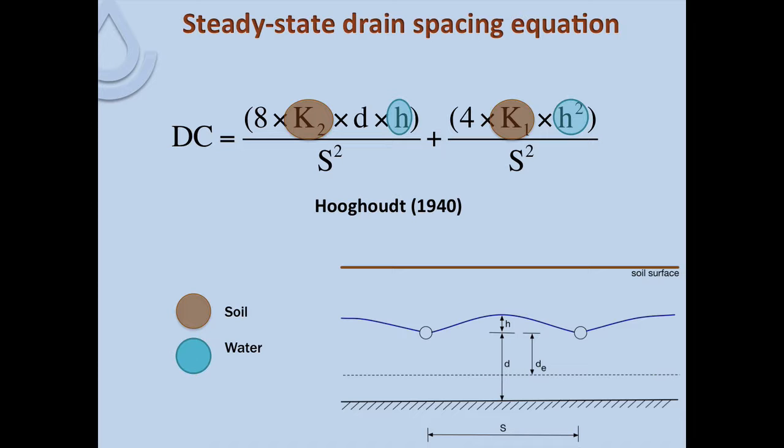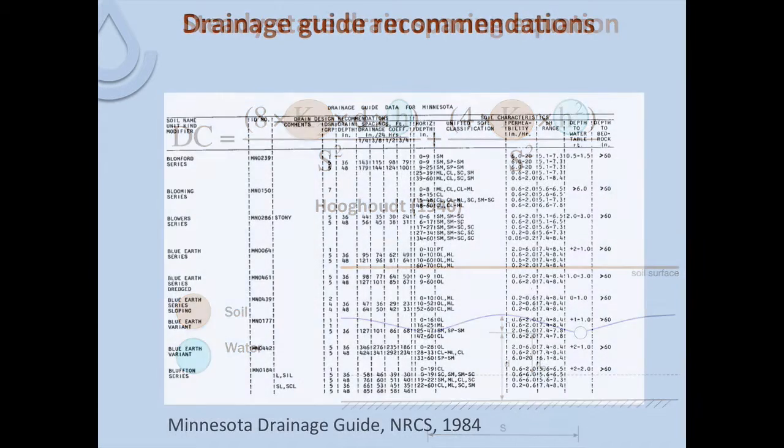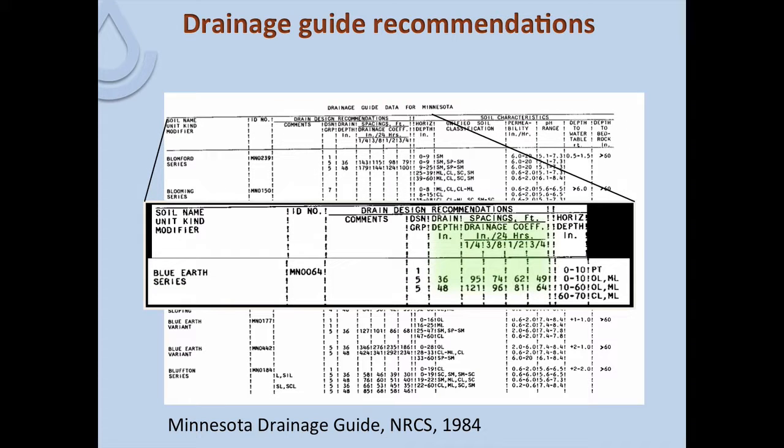That Hooghoudt equation is not always the most convenient equation to work with, and so in many of the Corn Belt states, the state NRCS or another entity developed a drainage guide where they applied that equation to typical soils in that state.